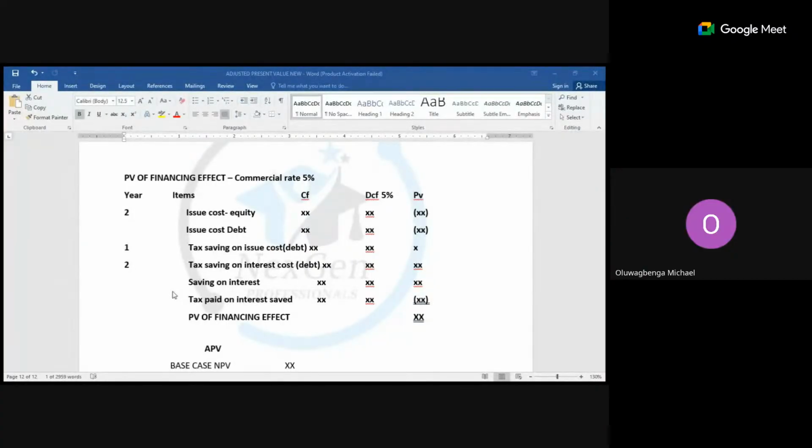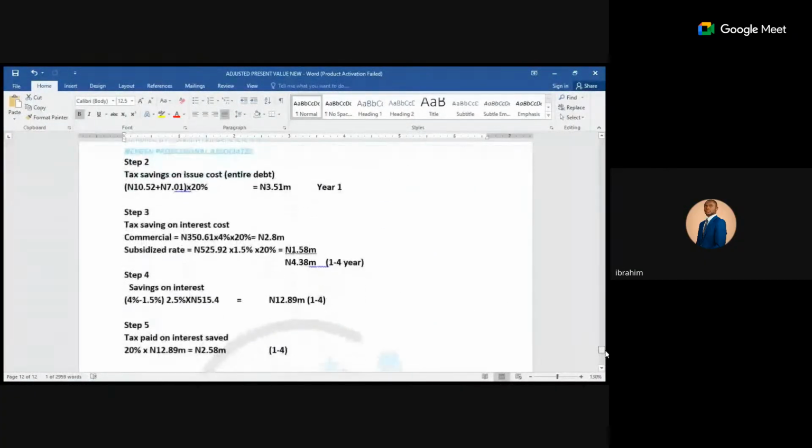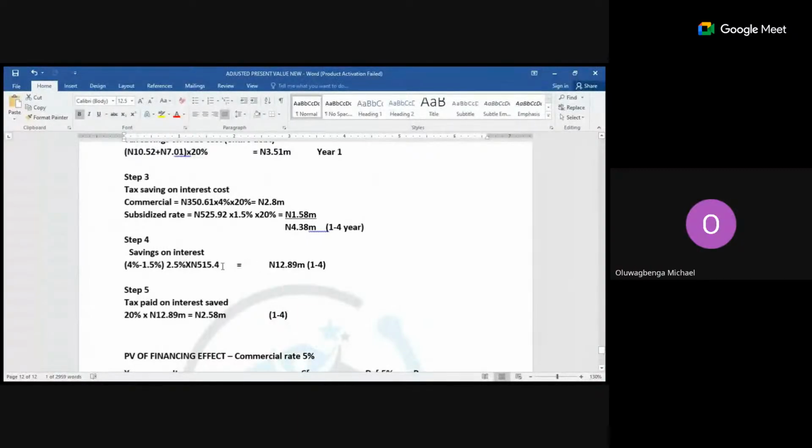The step 4, the savings. It's not on the gross amount. It's on the net amount. That is where you save. That is what you save.